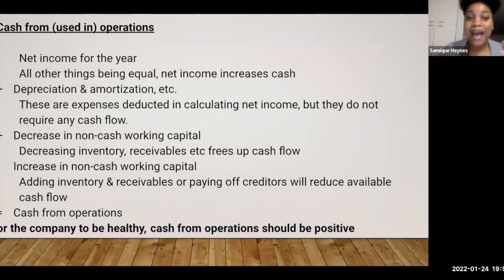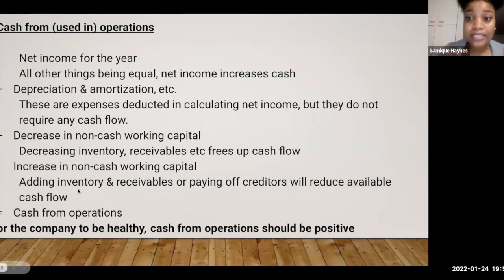So you're adding back a decrease in inventory. If your receivables is going down, that means more people are paying you back in cash. So you add that to your cash flow statement, okay?